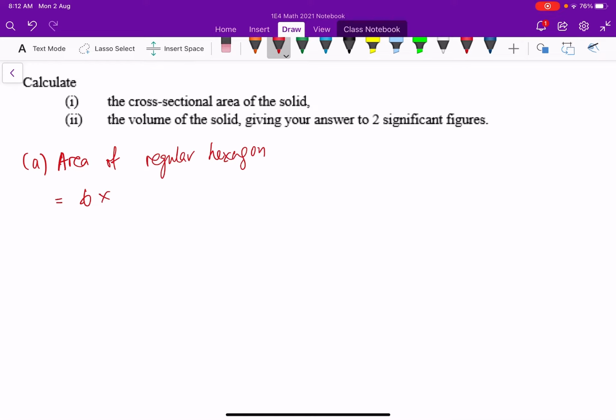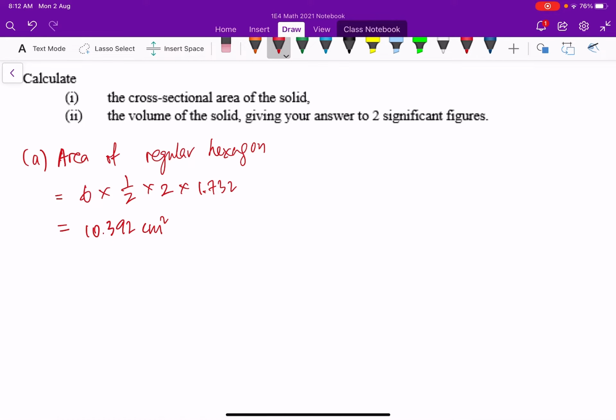Yep, there are 6 times half. Okay, the area of a triangle, half times base times height, the perpendicular height 1.732. So I get 10.392 cm squared. There's no need to put 3 SF, no need to round off because this is an exact number.